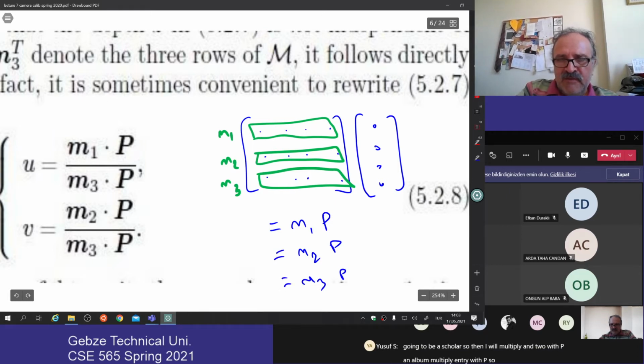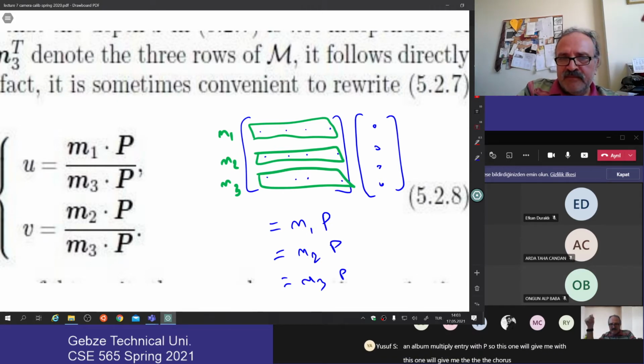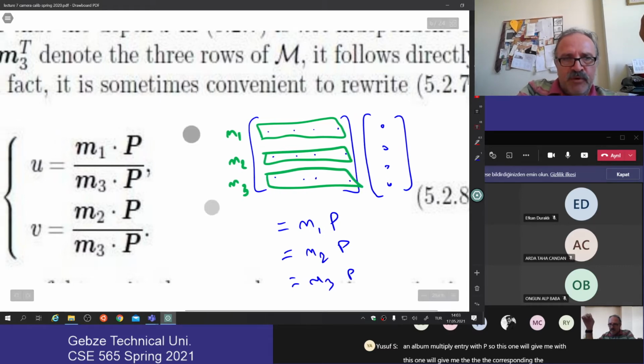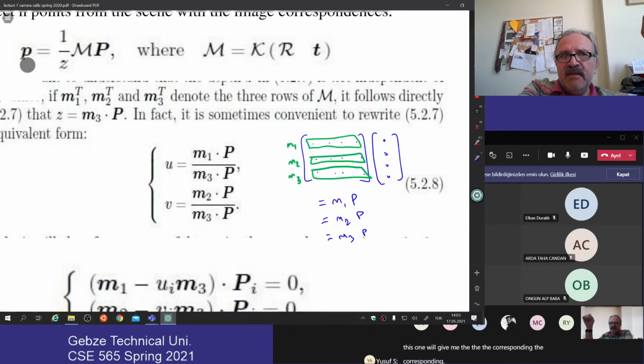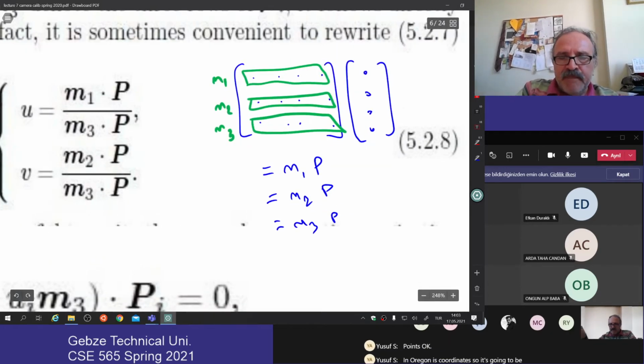So this will give me the corresponding points in homogeneous coordinates: small x, small y, and small z.